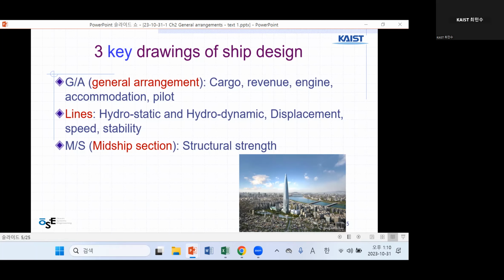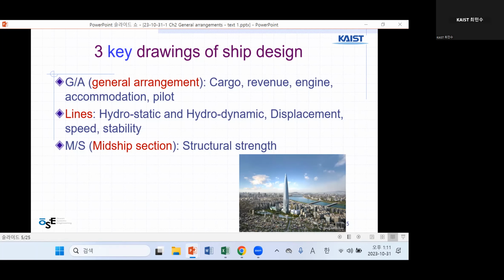It is a force and response. So displacement is the same as the weight measurement of the whole ship. And then speed and stability are related with lines. And the midship section drawing is for the structural strength.